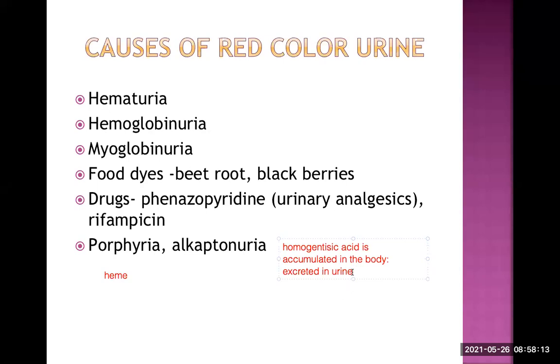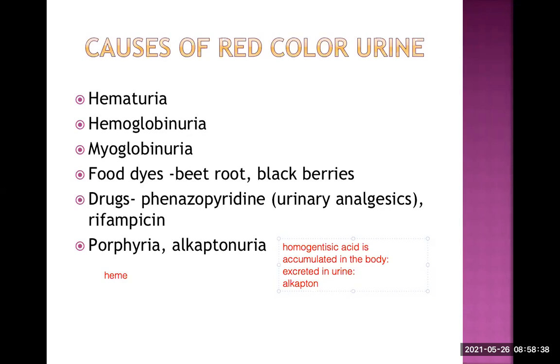Now this alkaptonuria is a bit of an interesting situation. Alkaptone is the oxidized compound of homogentisic acid, so it is not another compound at all. You can simply remember homogentisic acid is the main problem here.